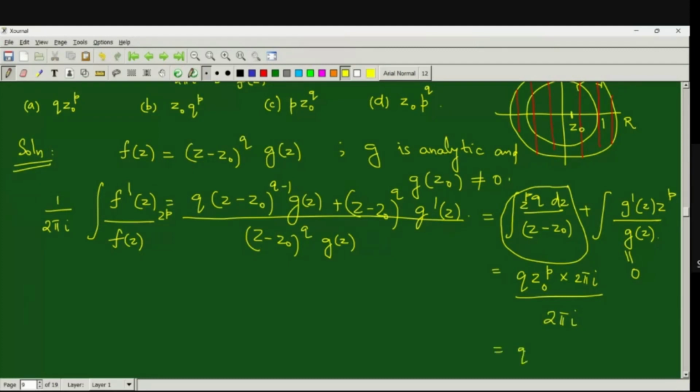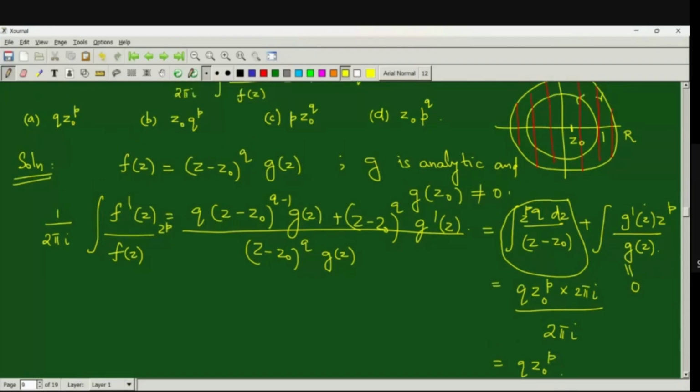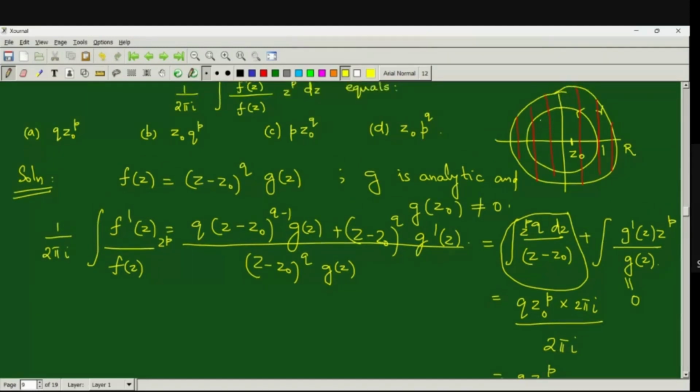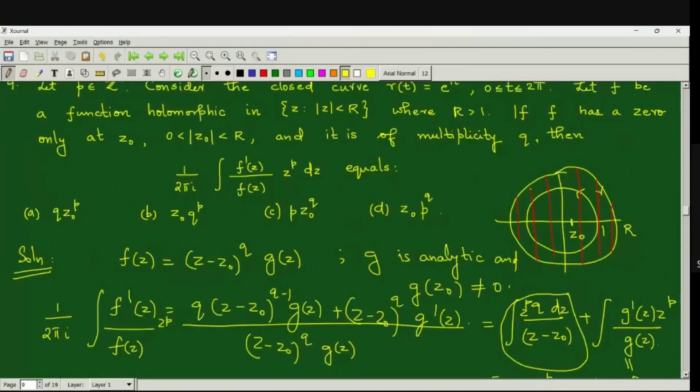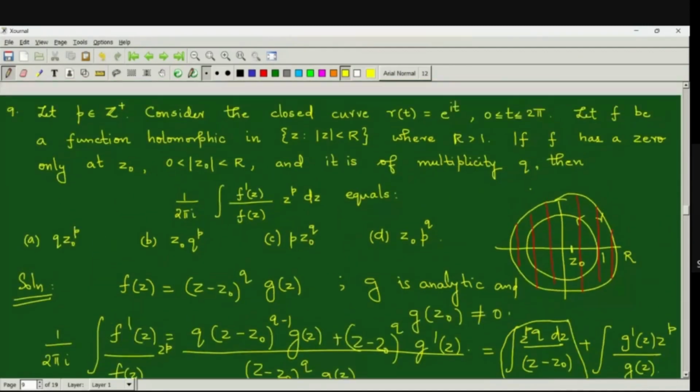Ma'am, why is the second integral 0? Because g dash is analytic, g is analytic, and g is not going to have any zeros inside the circle. Why? The only zero of f inside the circle is z naught, and z naught is not a zero of g. Got it? Yes, ma'am.